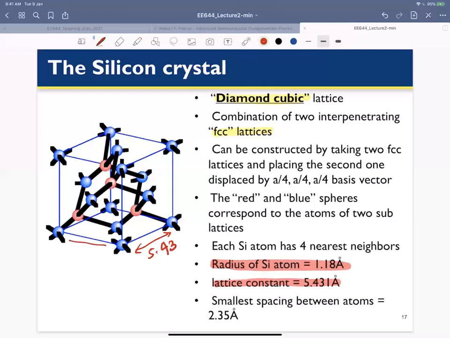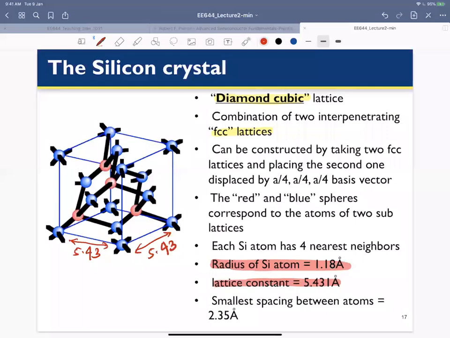This is a cubic, so that's why a, b, c are all the same, 5.431 angstrom. But the smallest spacing between two atoms will be 2.35, that is between this blue atom and the red atom. That is not the lattice constant of silicon. The lattice constant of silicon is 5.431 angstrom.